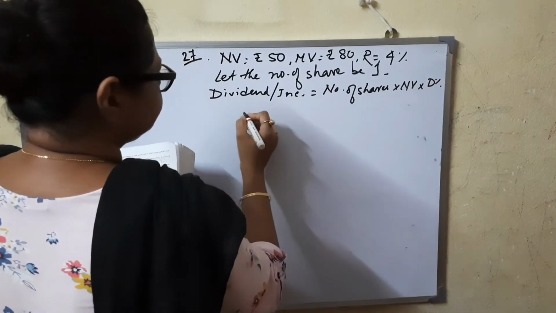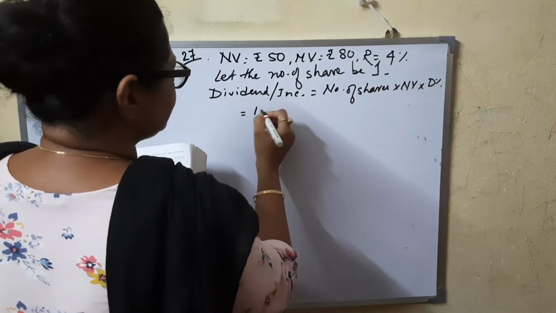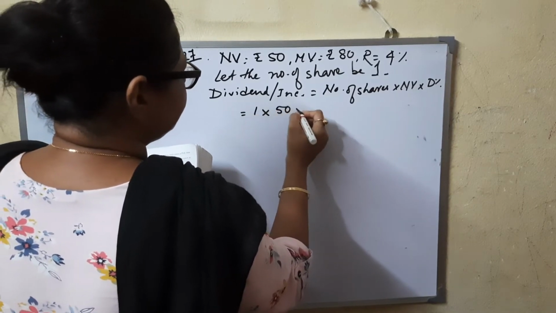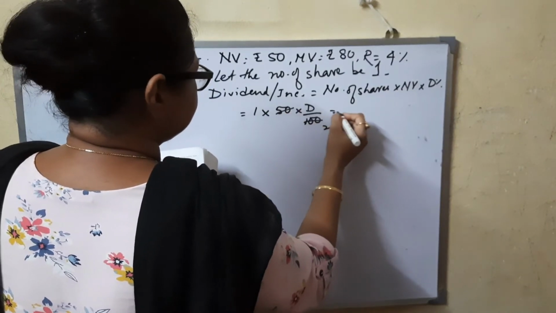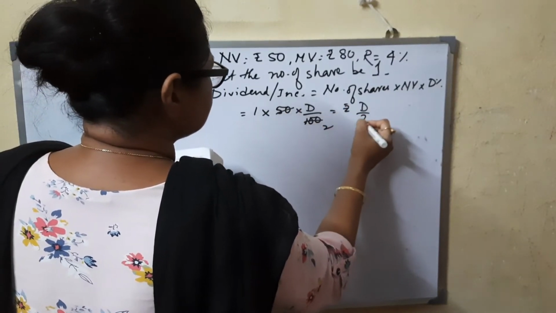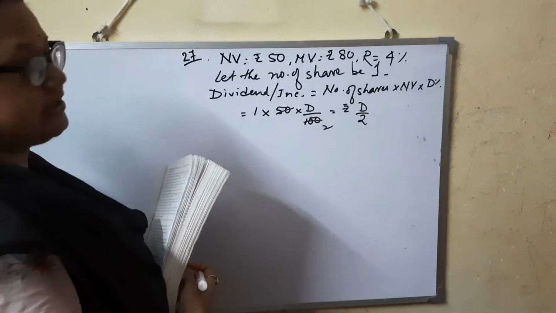This means number of shares 1, nominal value 50, dividend D, by 100. So D by 2 is the income.